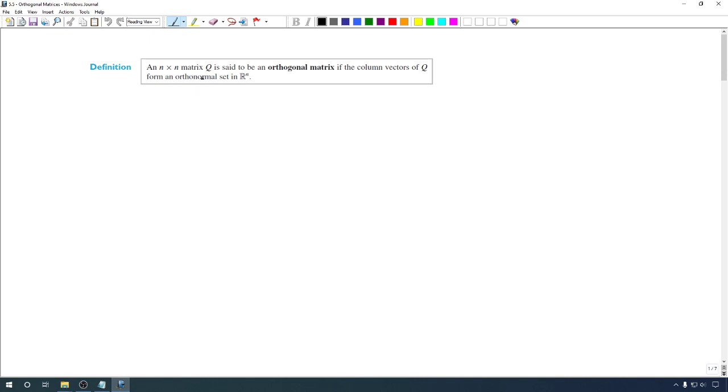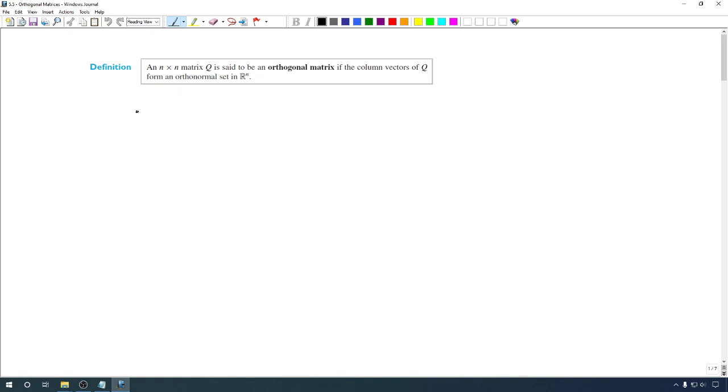Now, do note that we are calling it orthogonal even though we are insisting on orthonormal columns. There's not really a separate concept of an orthonormal matrix. I don't know why they didn't call it an orthonormal matrix, but that's the name that they gave them, and I didn't name them, so sorry for any confusion about that.